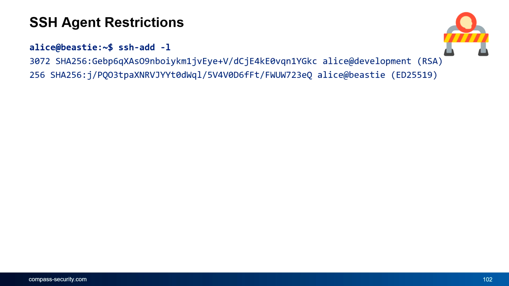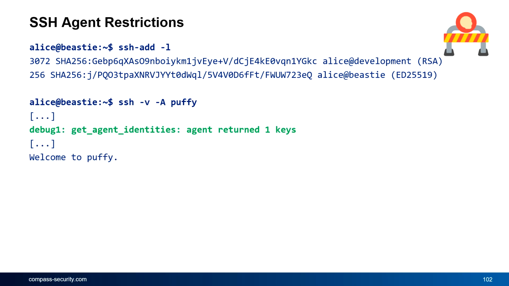We now have loaded two keys into our SSH agent, which can be seen here. So if we log in to another host, we can see that the agent only offers the keys that are valid for this destination host. In this case, only the second key was valid for the Puffy host, and therefore only this key was offered for the login process.